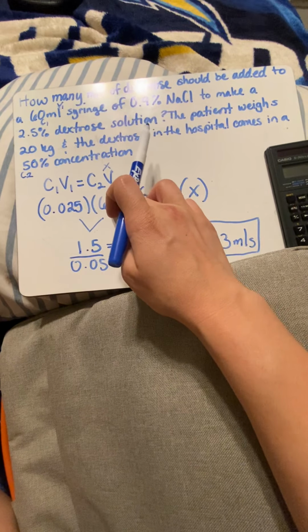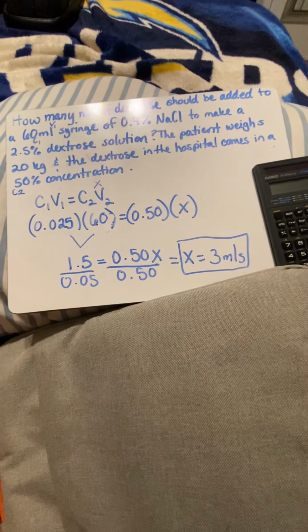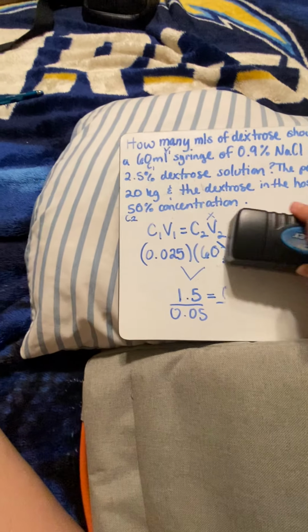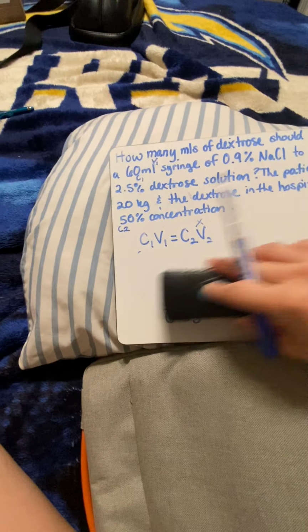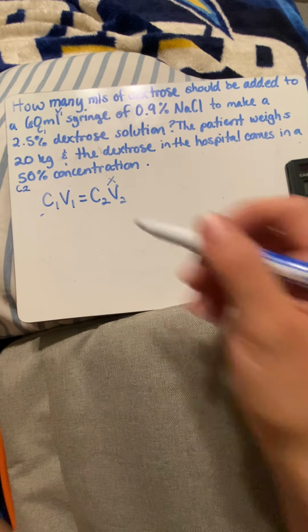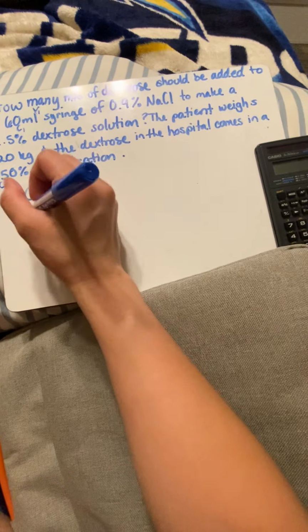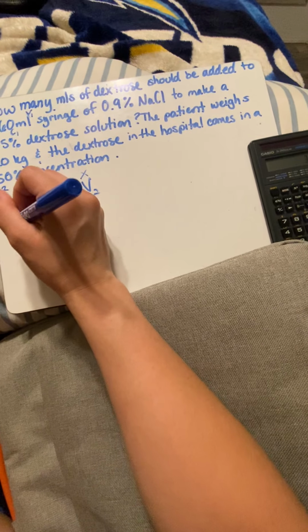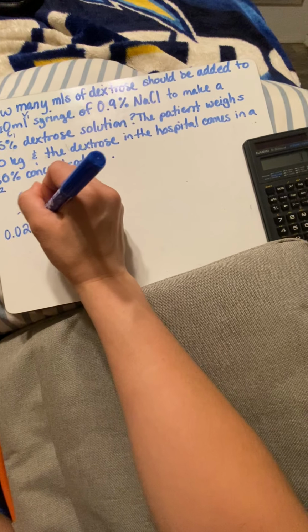Just to back up a little bit to show how I got to mLs, let me just do that one more time. So I'm going to do the C1, V1, C2, V2. So C1 is 0.025.